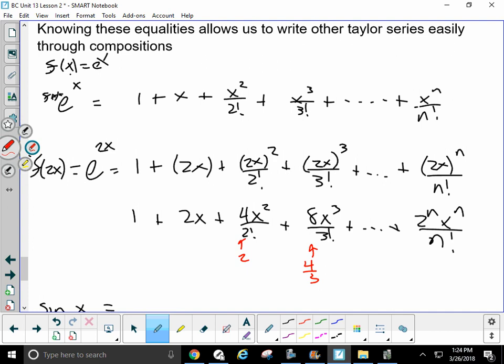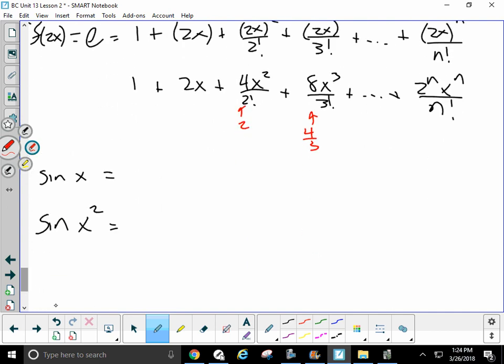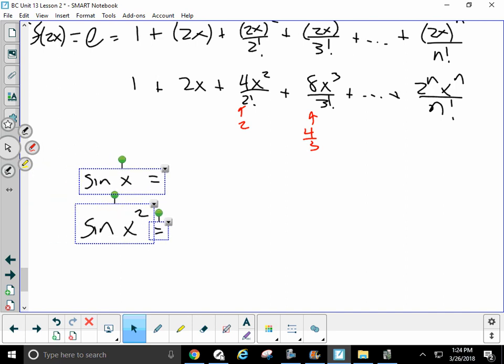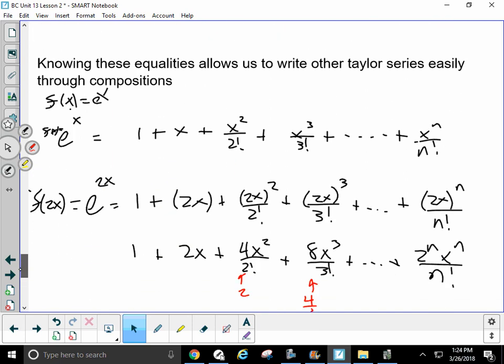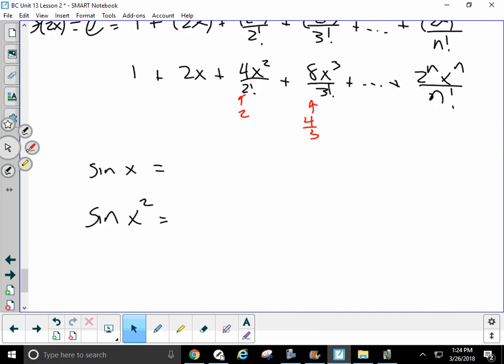Okay. Well, let's say I want to find the Maclaurin polynomial or the Maclaurin series for sine of x squared. Before today, if I asked you to do this, you'd have to take derivatives of sine of x squared.